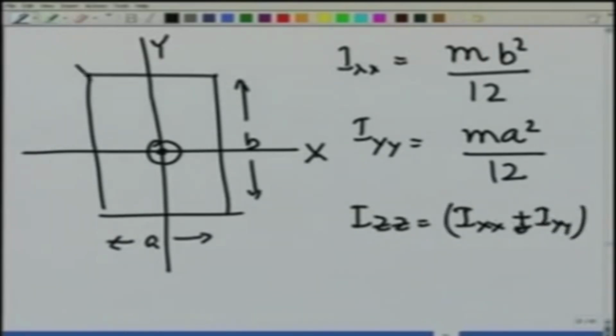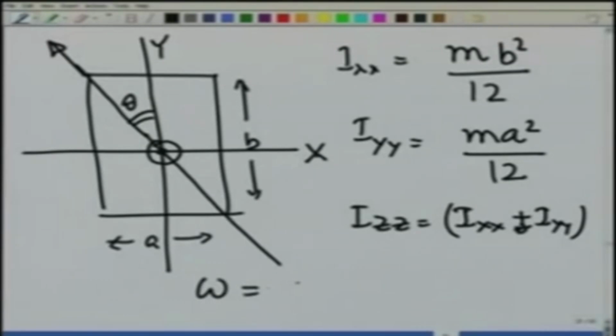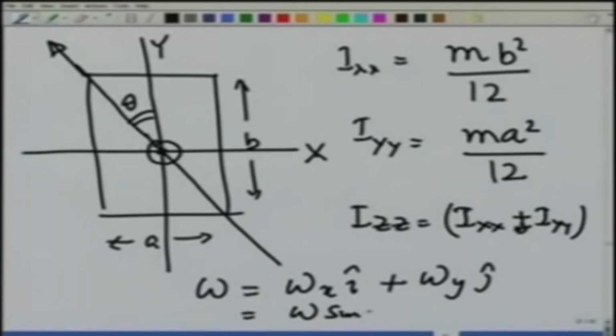This is omega. Let me call this angle theta. Then omega has an omega x i plus omega y j, where omega x is omega sin theta in the negative x direction plus omega cosine theta in the positive y direction.